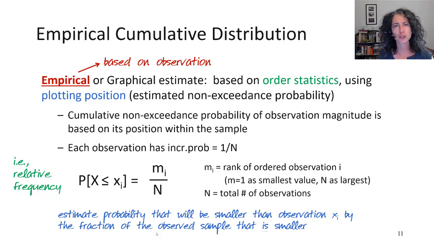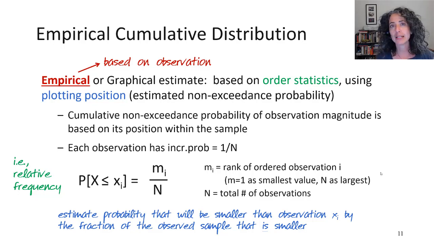Plotting position was just an estimate of the cumulative probability of each sample member, and it's based on the sample size and on the position of each sample member or observation within the sample that's been sorted by magnitude. So effectively, we're just computing the relative frequency of being less than each sample member based on how many of the observations were equal to or less than each observation.